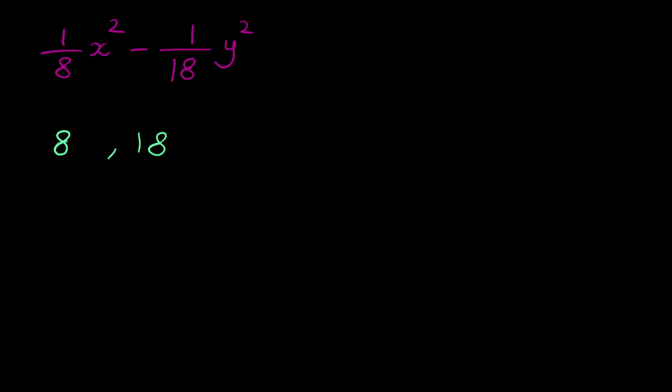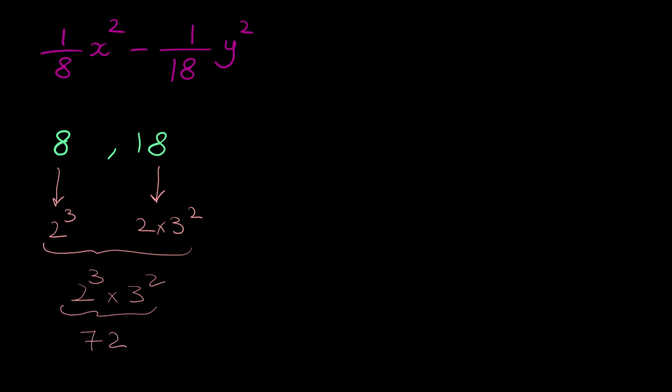We have to find the least common multiple of 8 and 18. Attention, 8 is 2 to the 3 and 18 is 2 times 3 to the 2. The least common multiple is 2 to the 3 times 3 to the 2, which is 72.